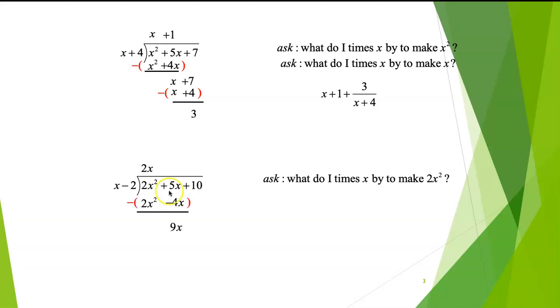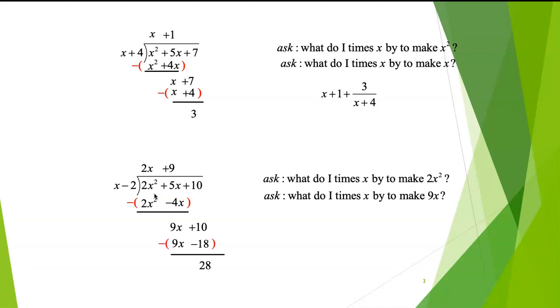You get 9x. Remember your like terms when you subtract. The positive 10, we haven't done anything with, so we just bring down 10. Now we've got 9x and we have x, so obviously you multiply by positive 9. Then expand, then subtract.